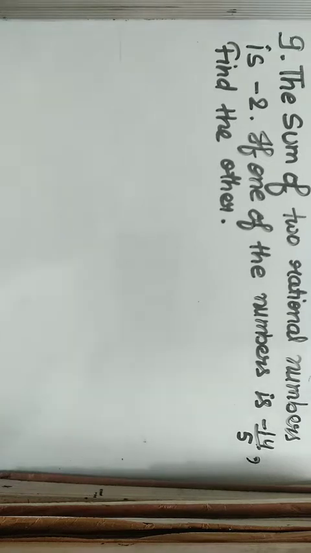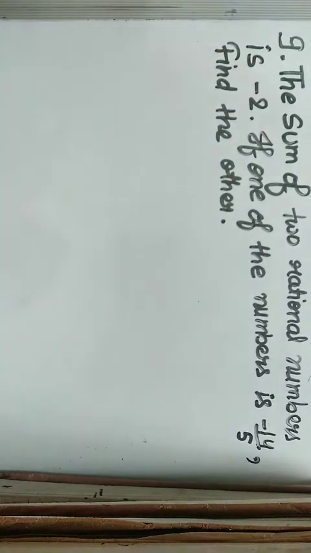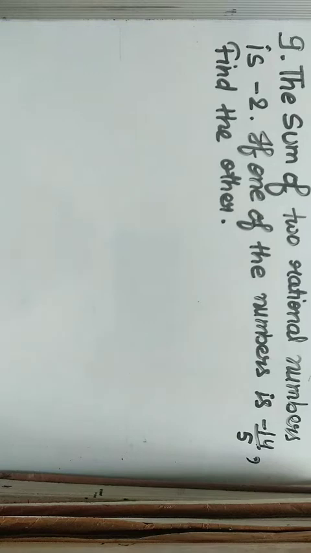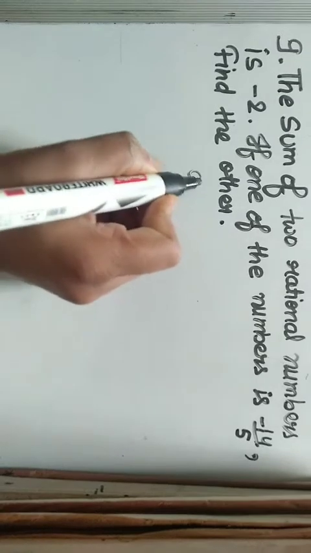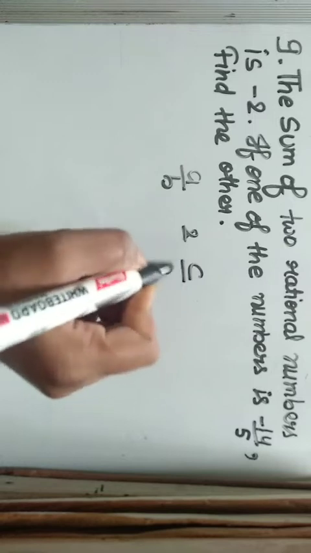Our question is, the sum of two rational numbers is minus 2. If one of the numbers is minus 14 by 5, find the other. The sum of two rational numbers. Suppose we have a rational number a by b and one more rational number c by d.